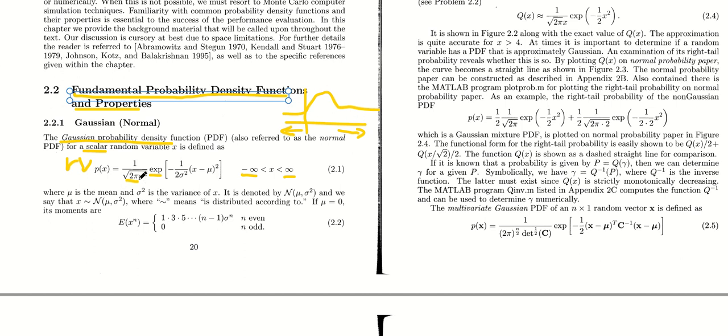In the formula, mu is the mean, and sigma square is the variance. In other words, if you want to describe a Gaussian distribution, you need two parameters.